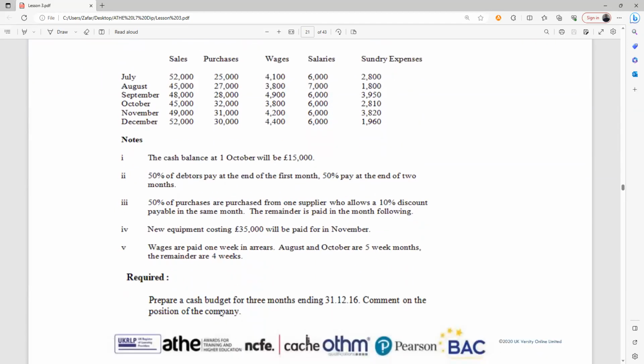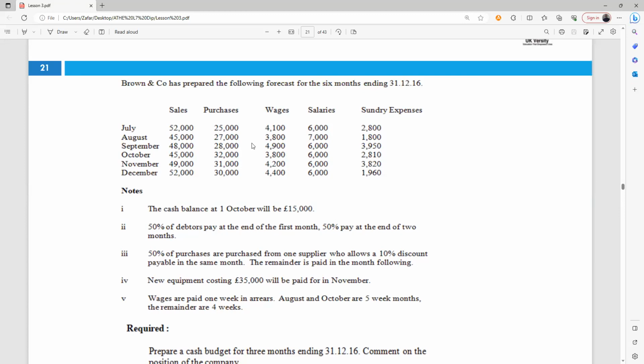Now it says here, required: prepare a cash budget for 3 months ending 31/12/16, and comment on the position of the company. You have the forecast figures for the last 6 months, July to December, but we are only required to prepare our cash budget up till December.